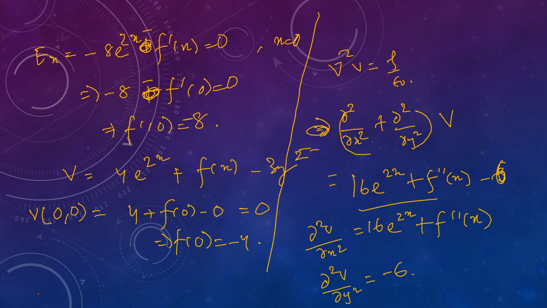This is equal to 0. So if we equate this, 16 e to the power 2x plus f double dash x minus 6 is equal to 0.